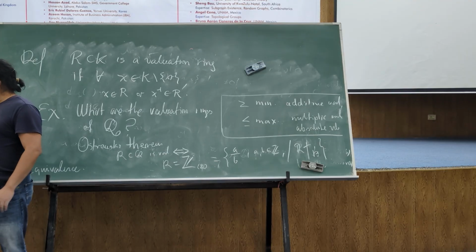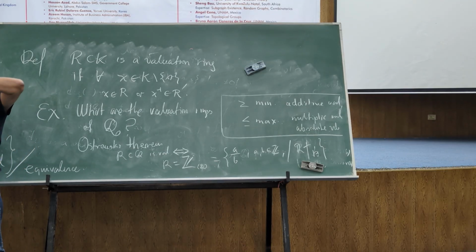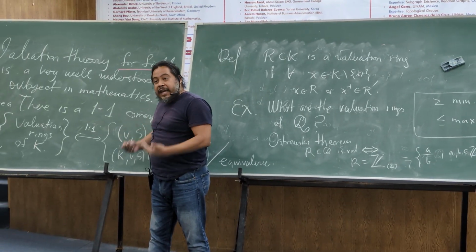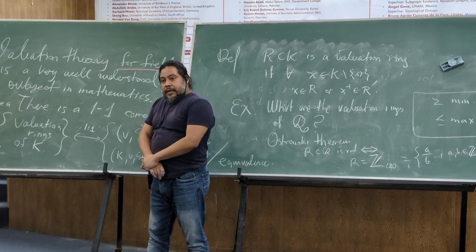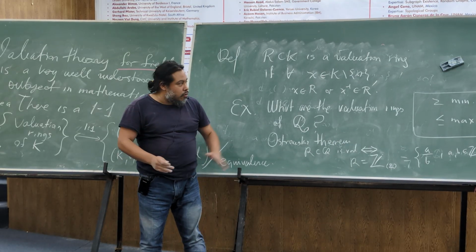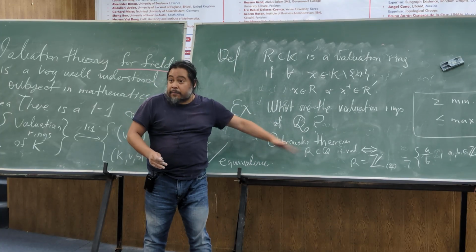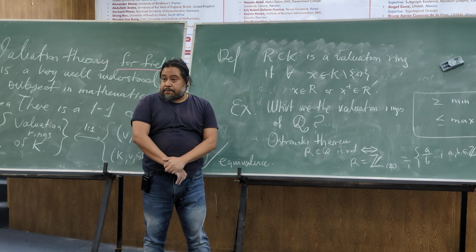Again, on one hand, I give you one field, Q. Compute all the valuation rings, all the rings that satisfy this property. The theorem tells you that you are characterizing essentially all the different valuations that you can construct over that field K. And as an example, I am showing you that for Q, we know this answer thanks to Ostrowski's theorem, which is a theorem from number theory.